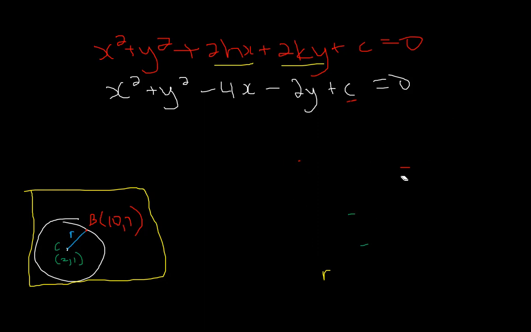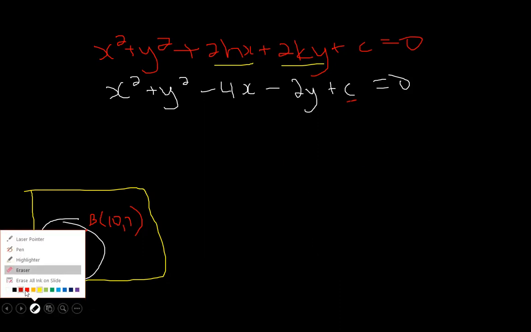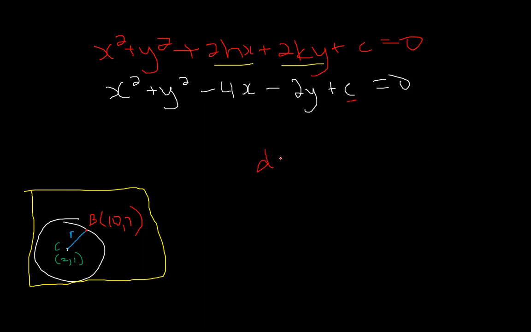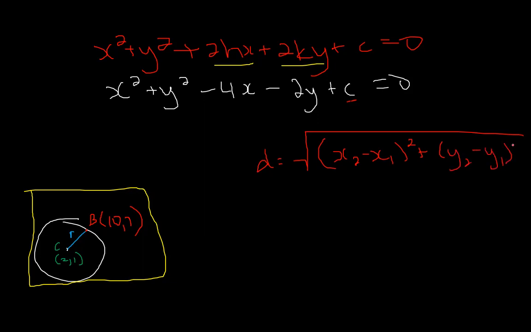Does anybody remember what that formula is? Distance equals the square root of x2 minus x1 squared plus y2 minus y1 squared. Good job.